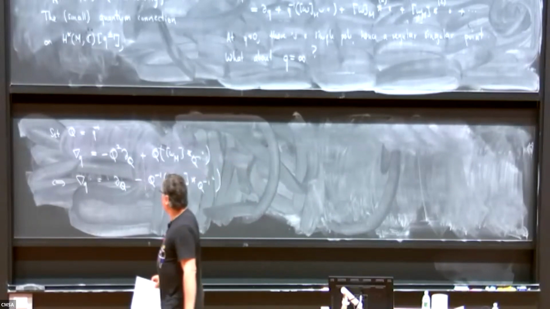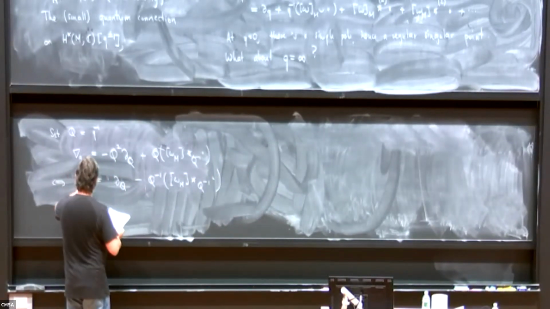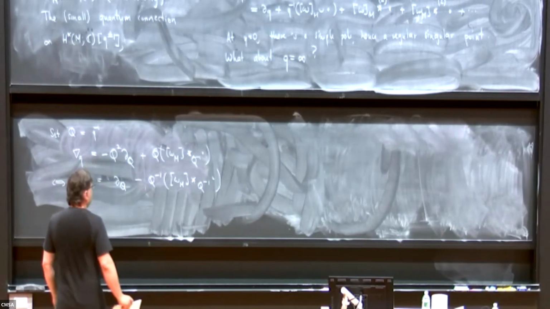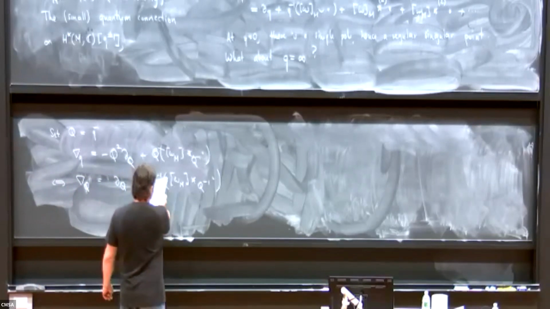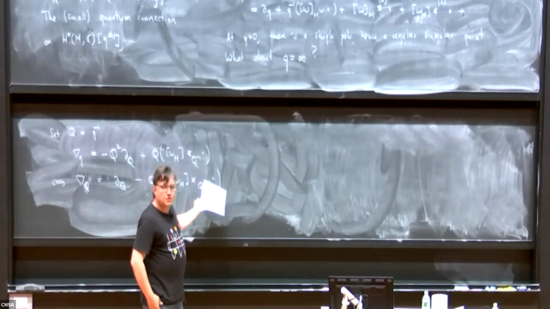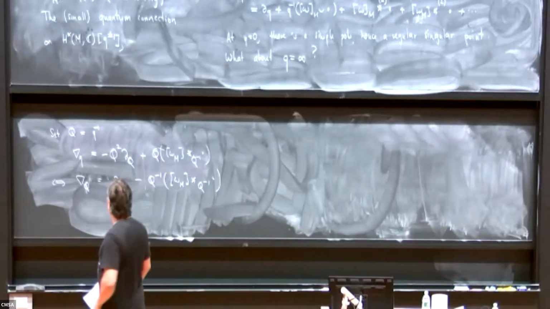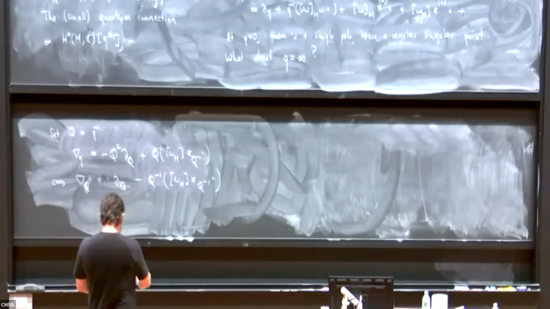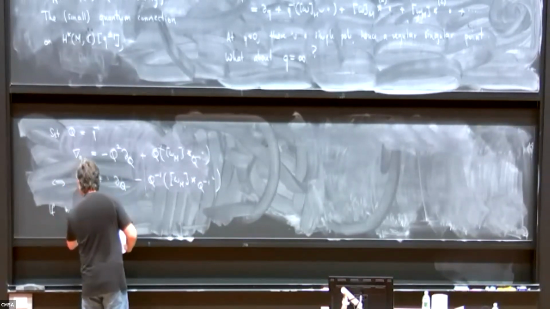Okay, so now maybe at this point I would like to write it as a connection in this variable q. This looks terrible because we start with a q inverse term, and then there will be higher and higher powers of q inverse. So it looks like it would have a very high order pole, but that's an artifact of how you've written it. Okay, so there's a thing about degrees.